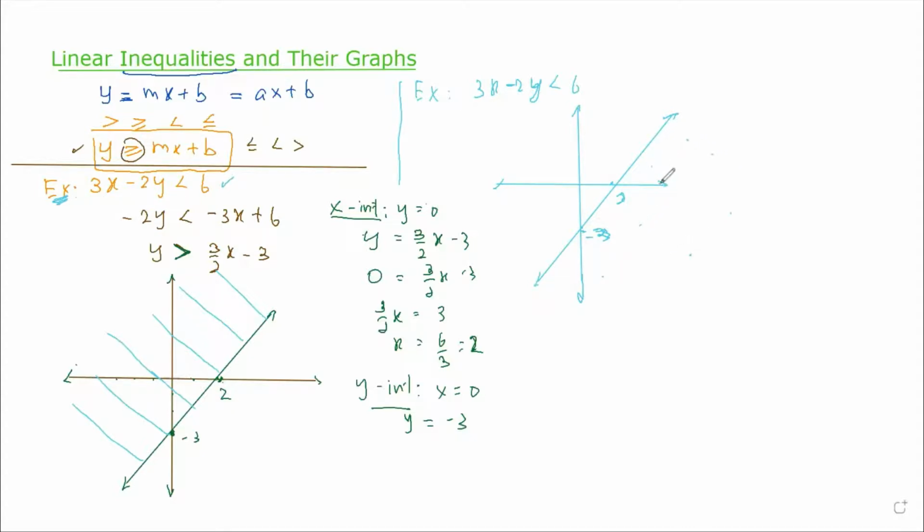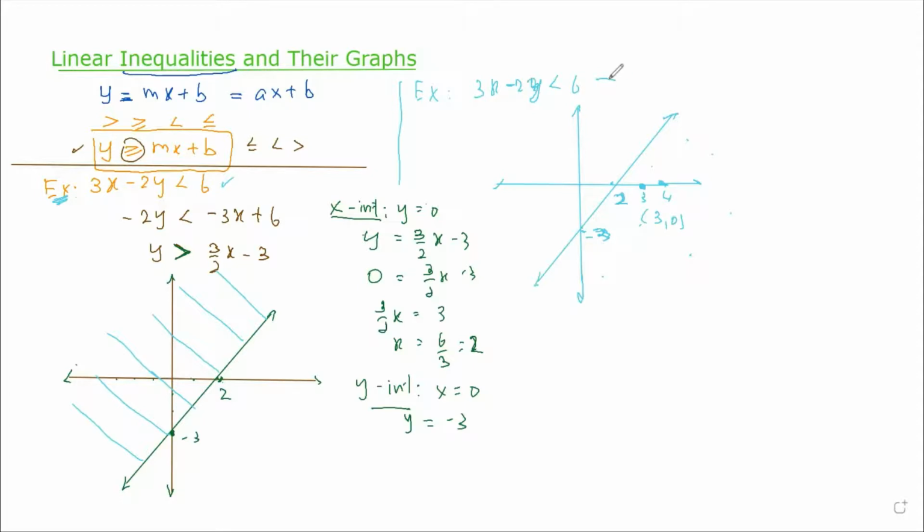The easiest is I get some point here. Assume this one is 1, 2, this one maybe 3, and this one 4. So if I get this point, because y is 0, you replace x with 3 and y with 0 in the equation.